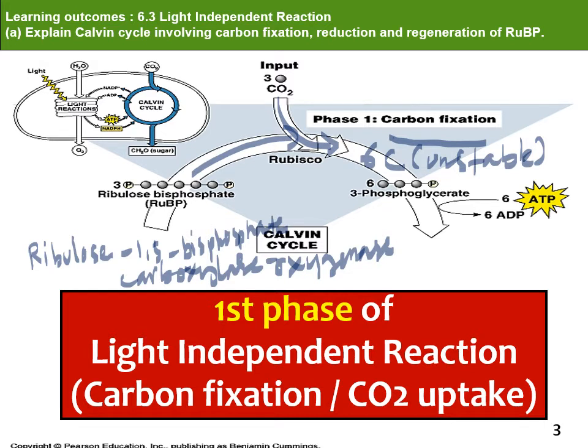So because the input here involves 3 molecules of carbon dioxide, it will produce 6 molecules of 3 carbon 3-phosphoglycerate. We can call it PGA, the abbreviation for 3-phosphoglycerate. So this is the first phase of the Calvin cycle, which is carbon fixation.